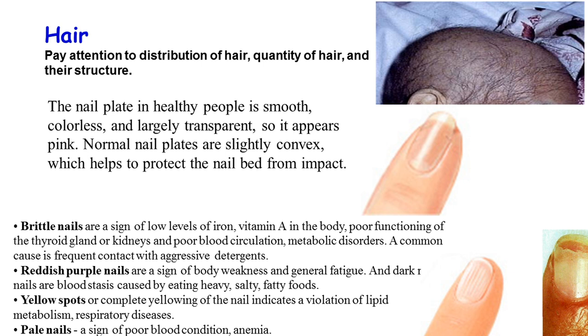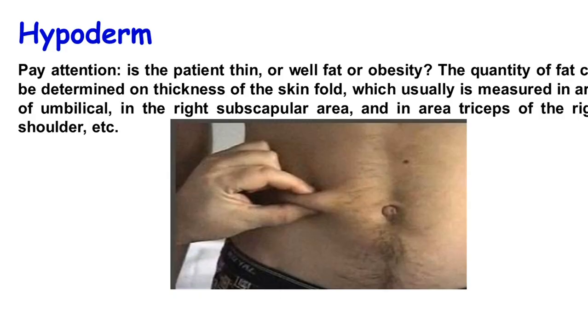Normal nail plates are slightly convex, which helps to protect the nail bed from impact. Sometimes you can recognize brittle nails, reddish purple nails, yellow spots, pale nails. This is because of different disorders.